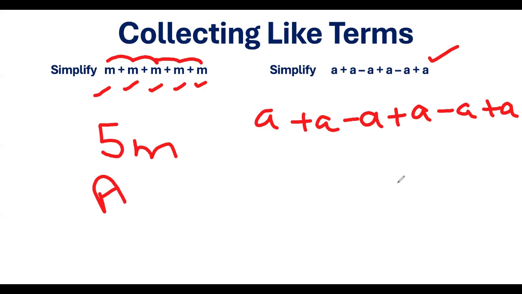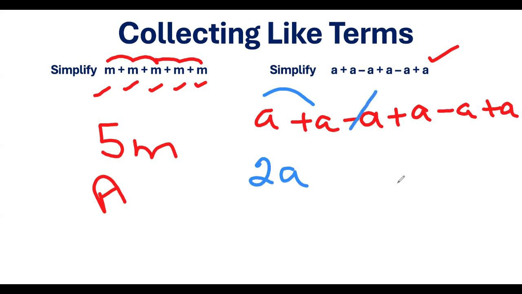So you can add them and you can subtract them. You can start from the beginning, A plus A, or you can do from the middle also. A plus A will give you 2A, right?